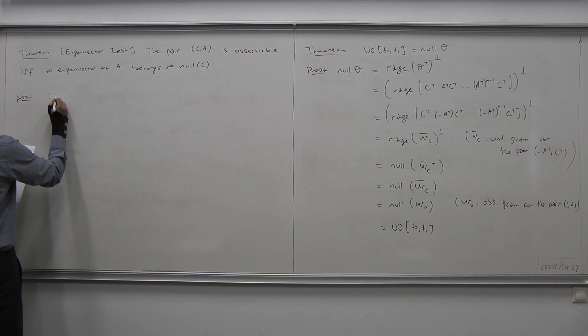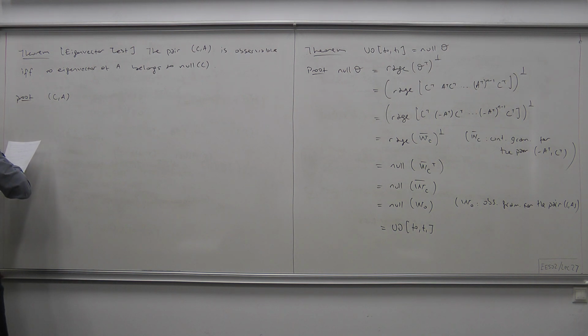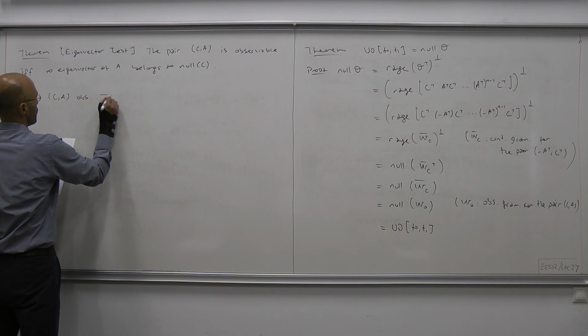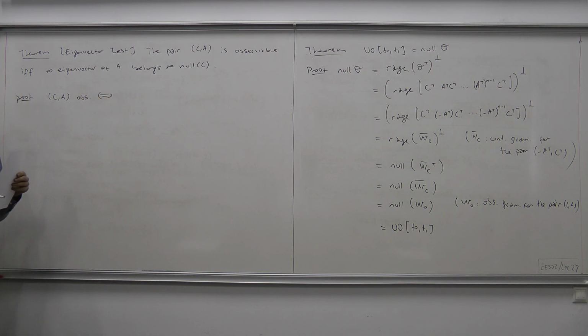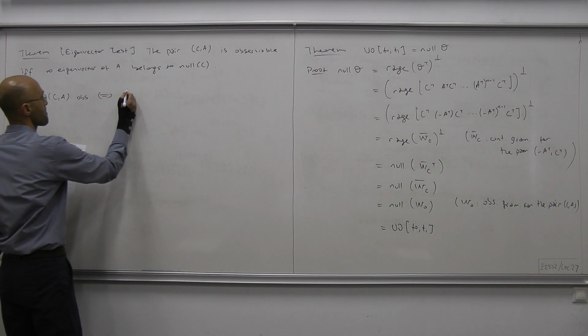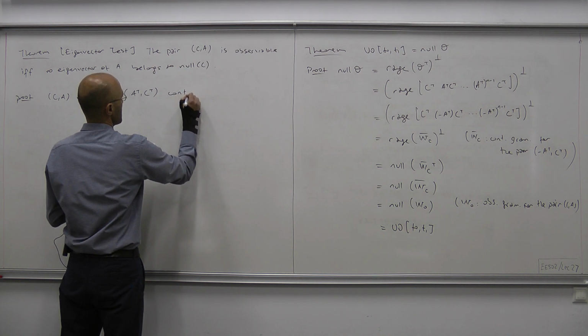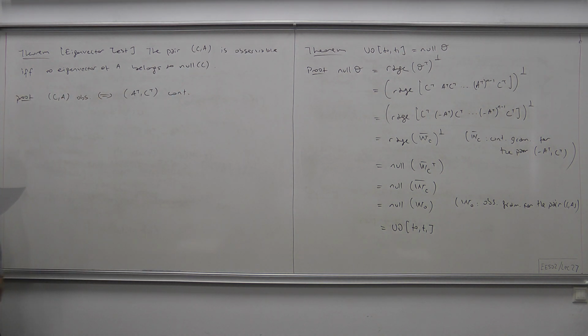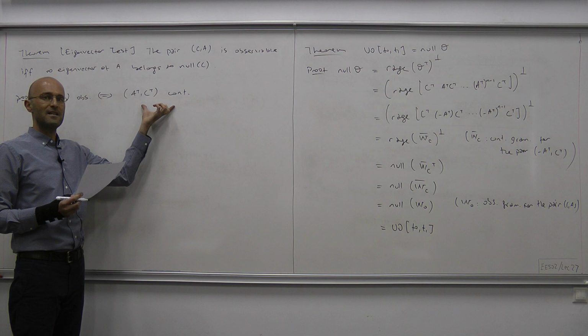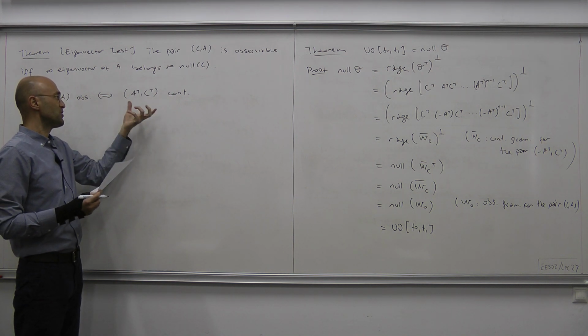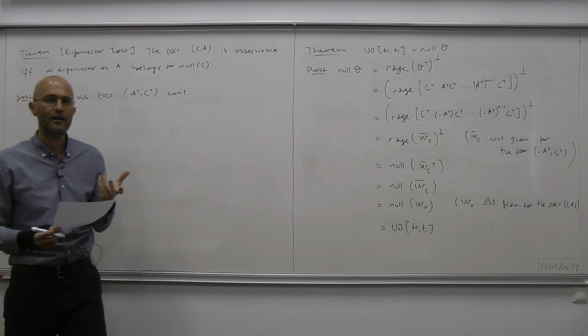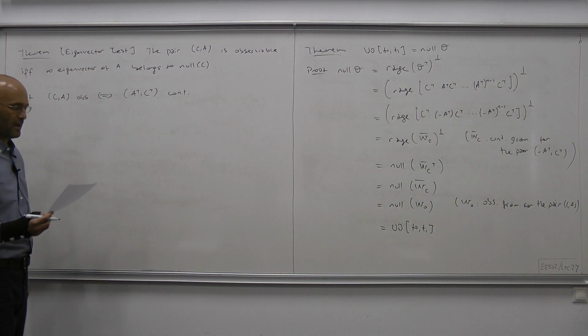So the pair C, A is observable by duality if and only if the pair A transpose, C transpose is controllable. And now here we have a statement regarding the controllability of a pair, and in that case we can use the eigenvector test.